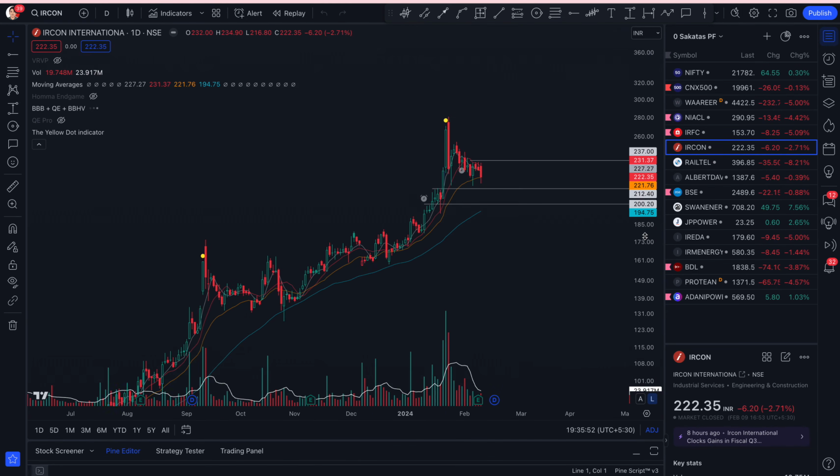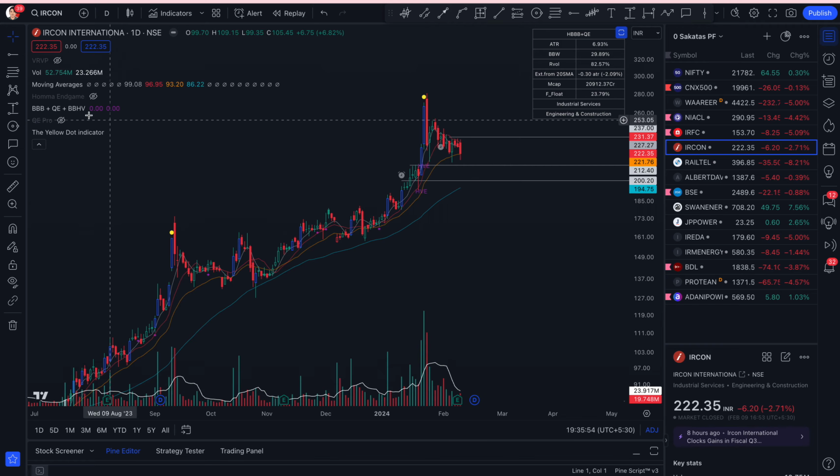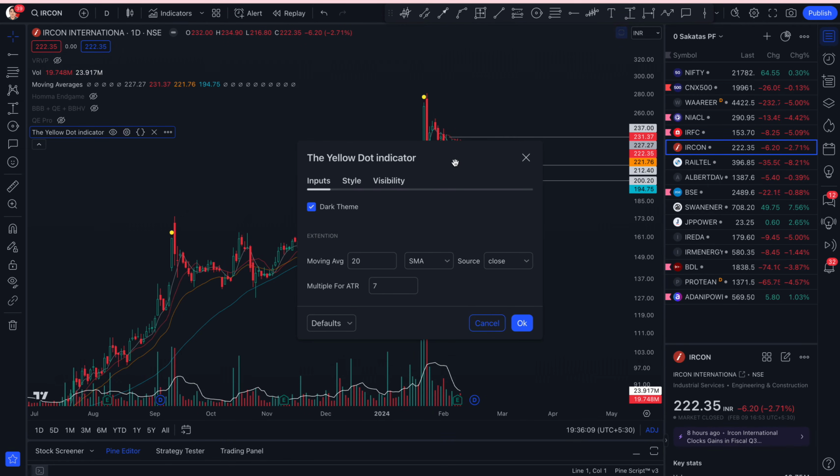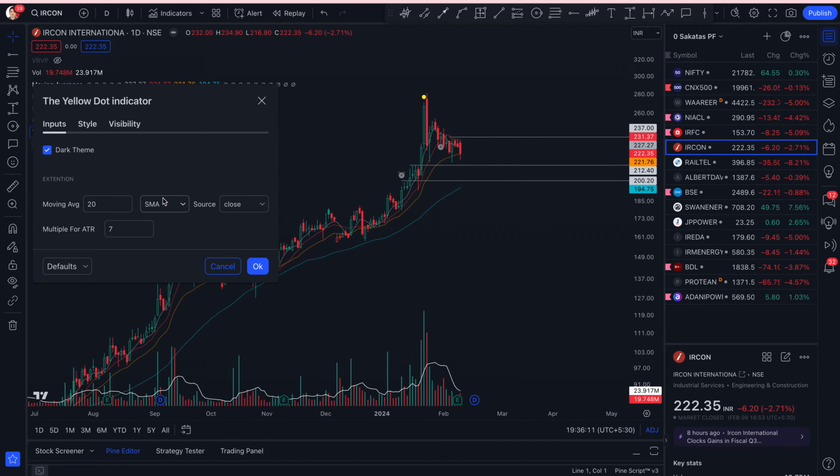Now, how to use it: this is my Kelaway indicator, but even if you don't use that, you can use the yellow dot indicator, and I'll link this indicator in the article as well. You can change the settings accordingly, how you want, right?